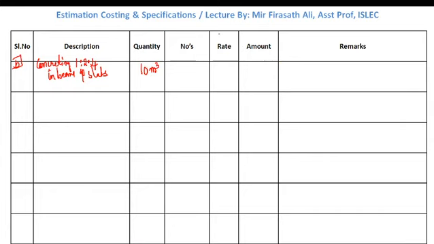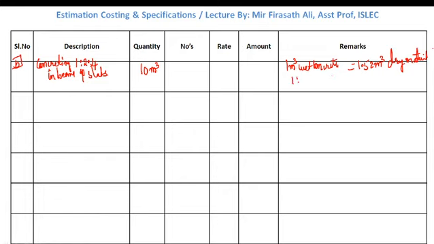We know that in remarks, 1 meter cube of wet concrete requires 1.52 meter cube of dry materials. Similarly, we'll go for this calculation.